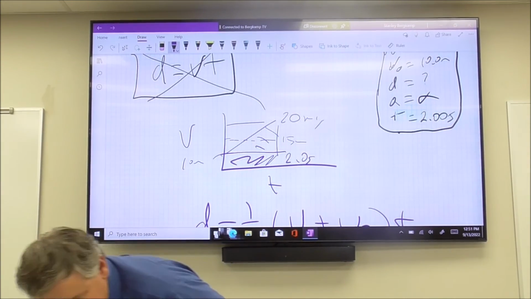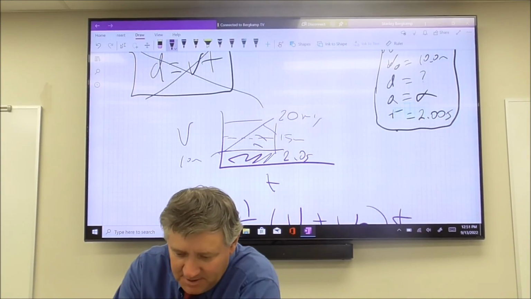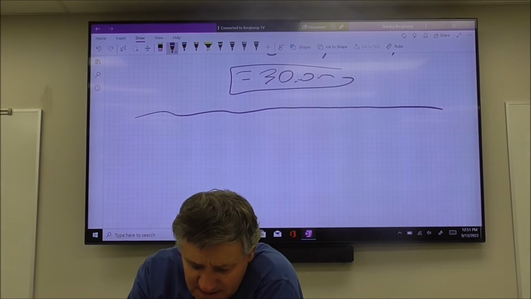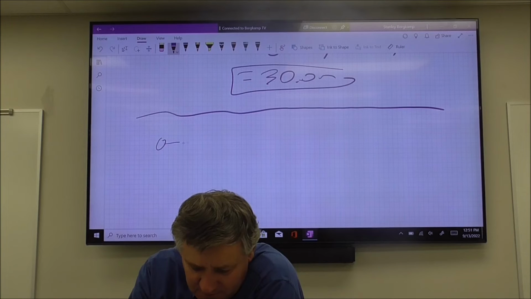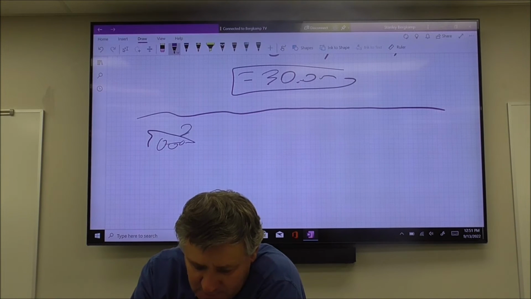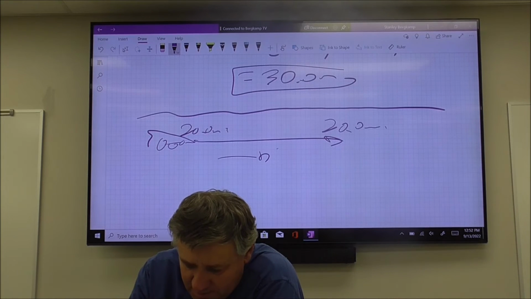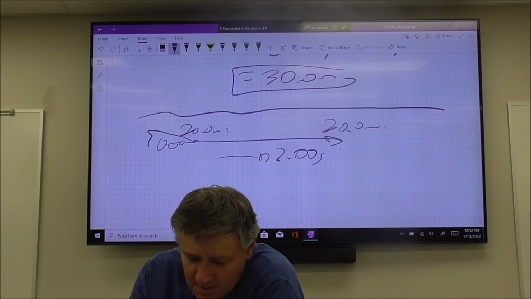Now, an interesting thing happens on the way to the physics equation. Let's say that you're going to travel at 20 meters per second at a constant velocity for 2 seconds.